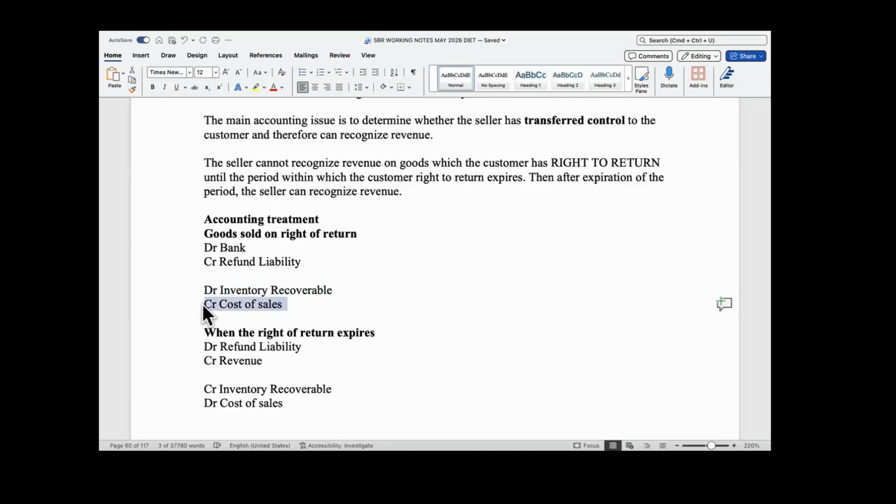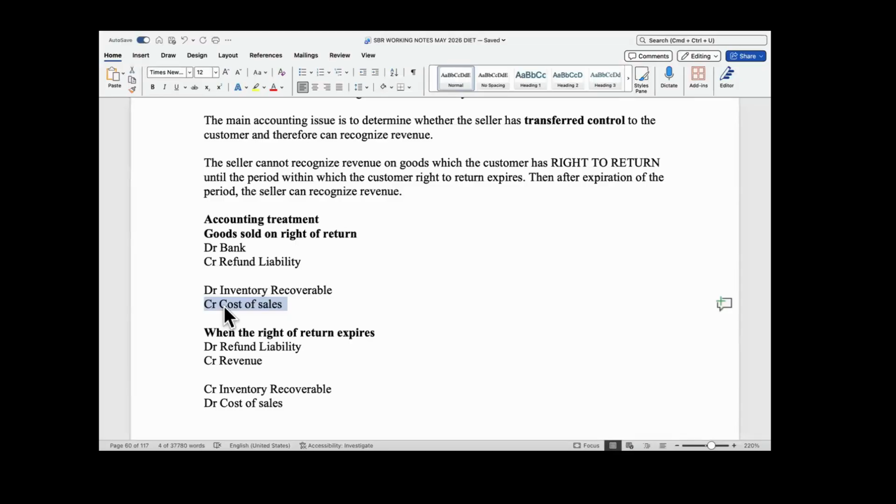Taking it away from cost of sales ensures that you are not overstating your cost of sales, because as soon as you sell an item, you match it with your cost of sales so that you can get gross profit. Now, since this item is there in your cost of sales, and you did not recognize sales, you will just be overstating your cost of sales and understating your profit.